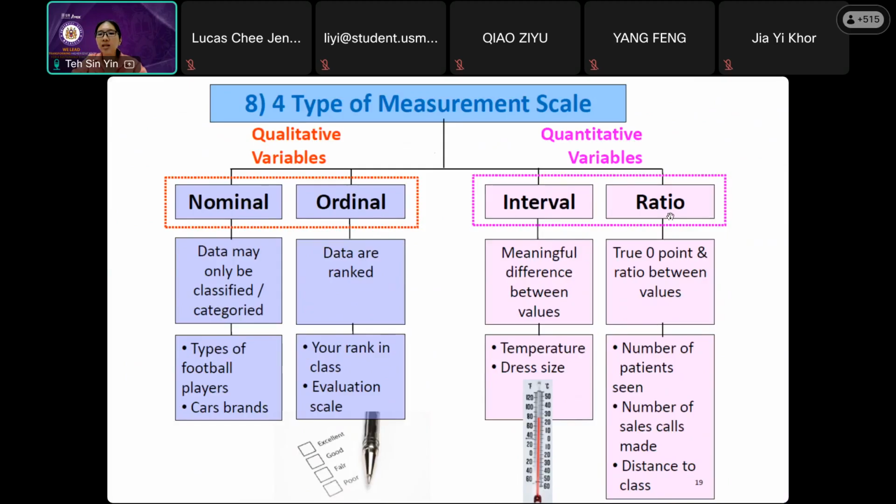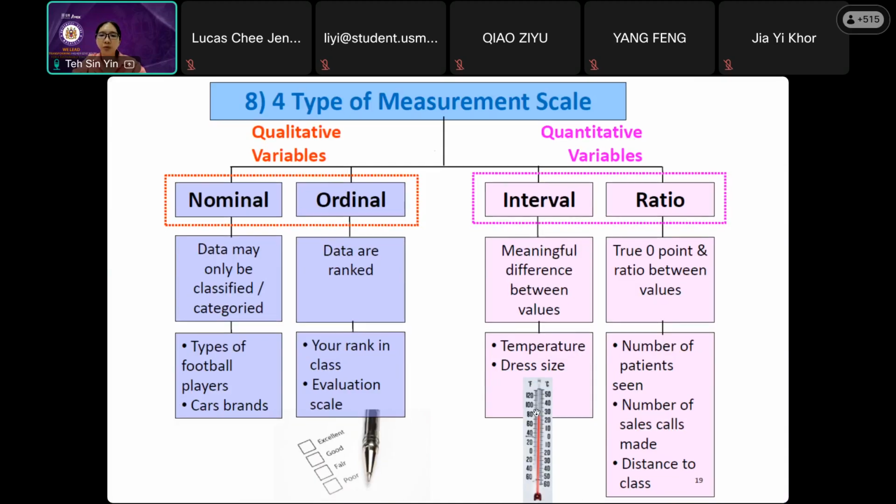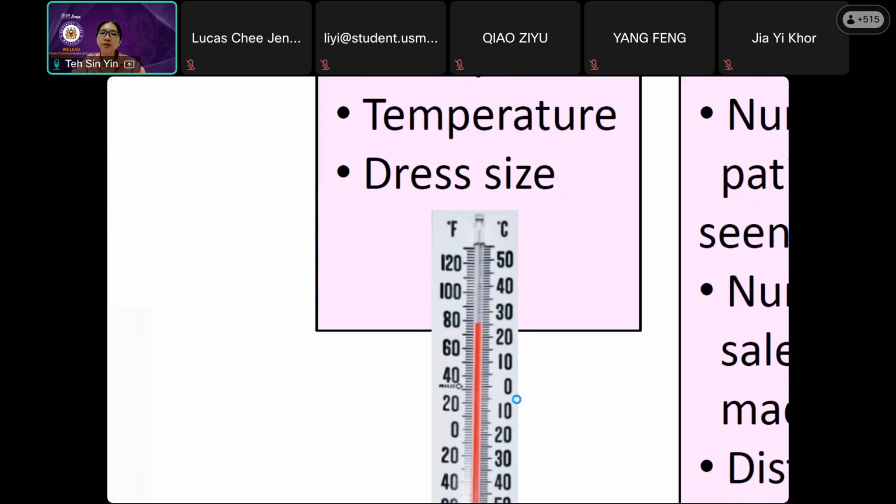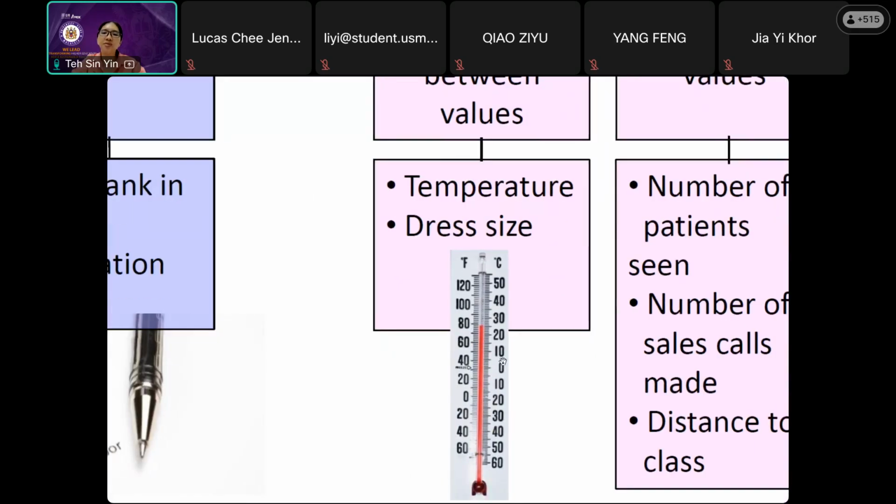What about interval and ratio? For interval, there is a meaningful difference between the values. So a 2 unit difference, for example, a 10 unit difference. Here I put 10 Celsius. When we say positive 10 degrees Celsius, that means the temperature is higher, you feel hot. When we say negative 10, that means the weather is colder, so you will feel cold.